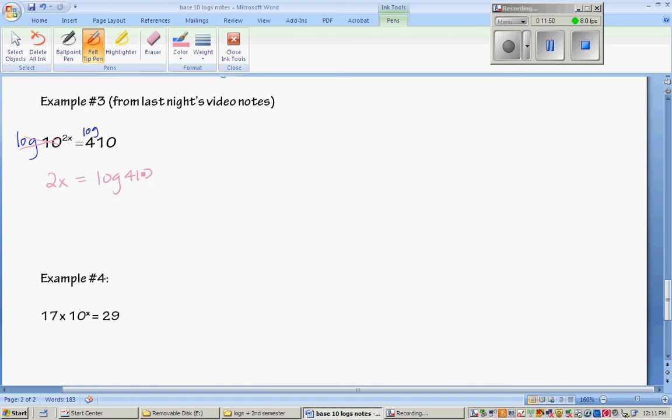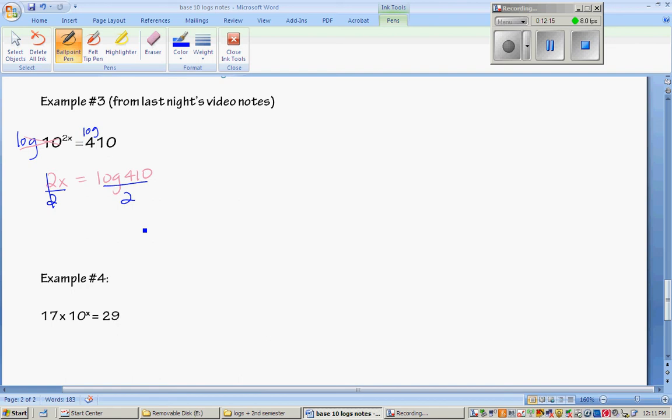Now, don't take that yet in your calculator because it's a bit of a mess when you do it. So let's just say, what would we do to solve for x? We're just going to divide both sides by 2. So now, let's put this entire thing into our calculator. We're going to hit the log button and 450 and close the parentheses. And then do divided by 2.